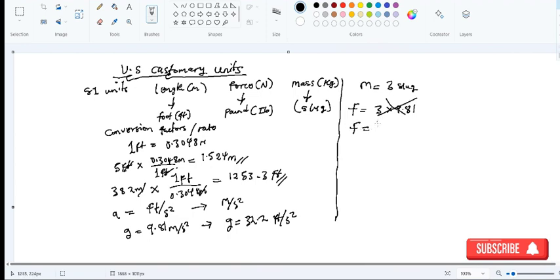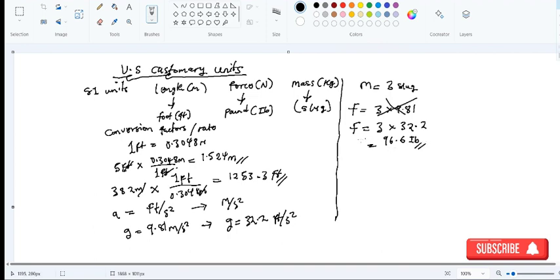So the right one you should use is 3 times 32.2 to get your force, which will give you 96.6. So this is going to give you pound, right?